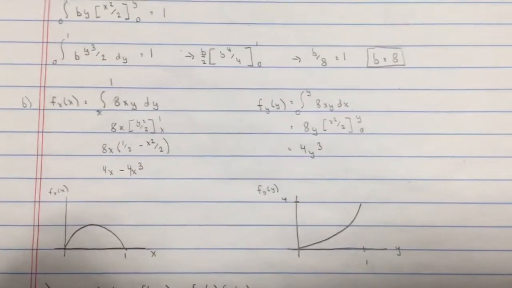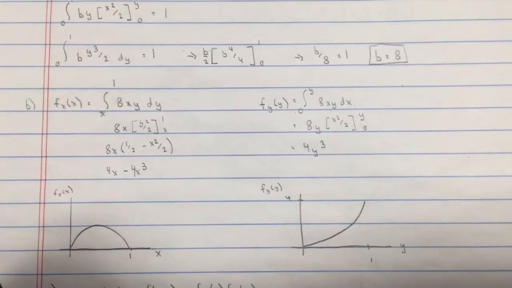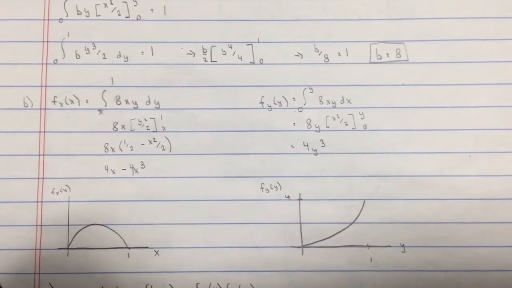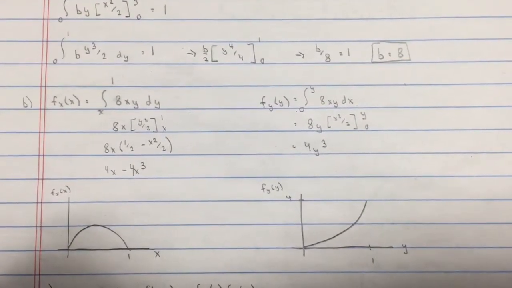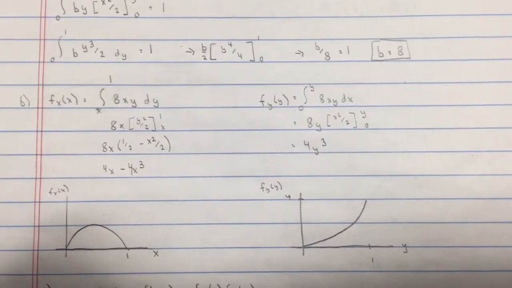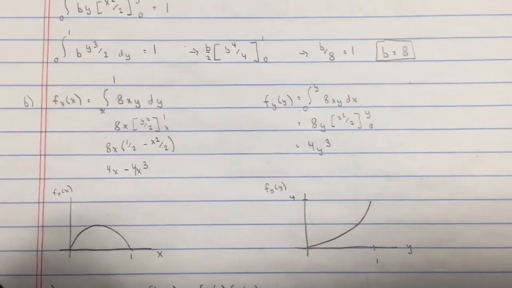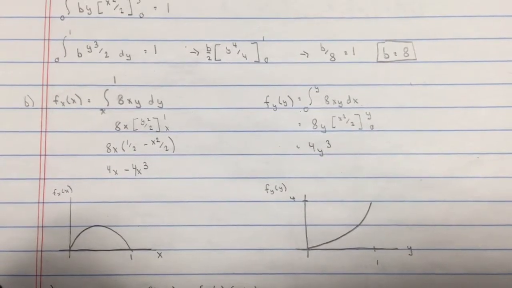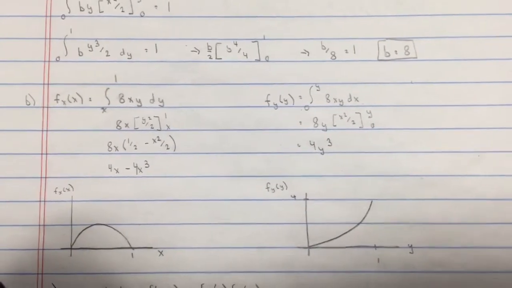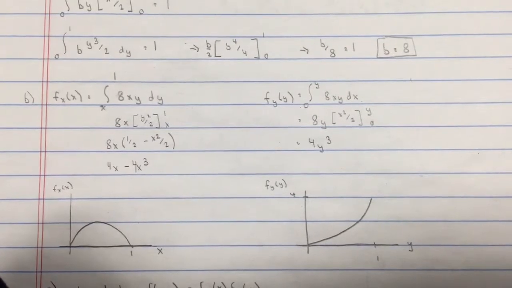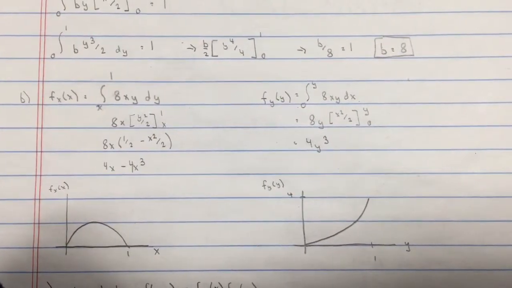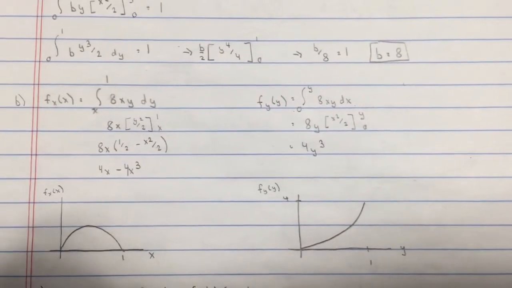Okay, for f_Y(y), we integrate f(x,y) over the bounds of x, which is from 0 to y. So we're eliminating the x component so that f of y will be in terms of y. And so we get f_Y(y) is equal to 4y cubed, and 4y cubed looks like that graph below. Okay, and that's part B.